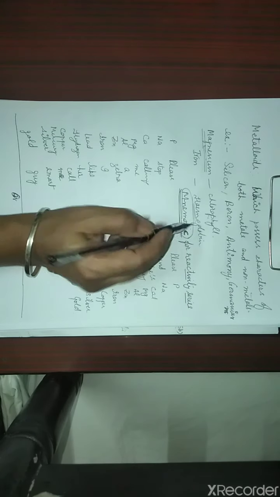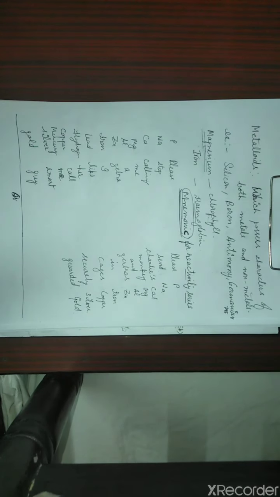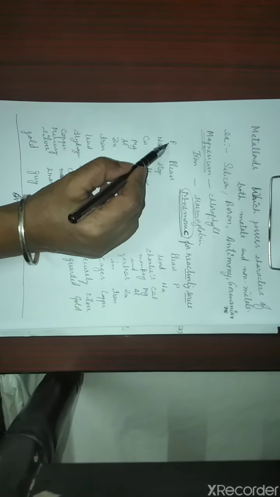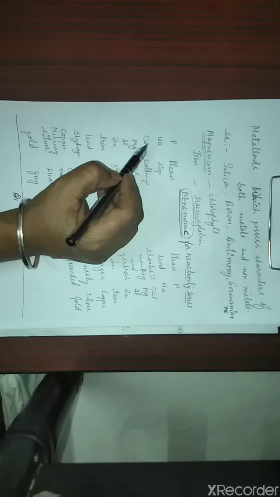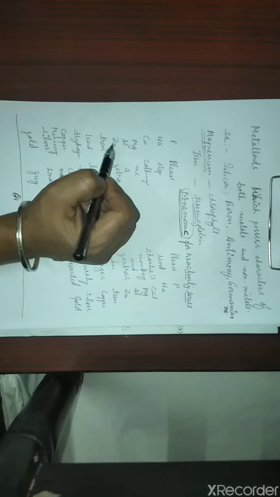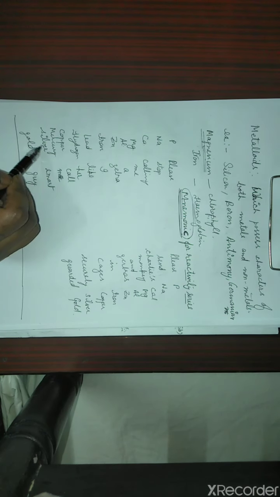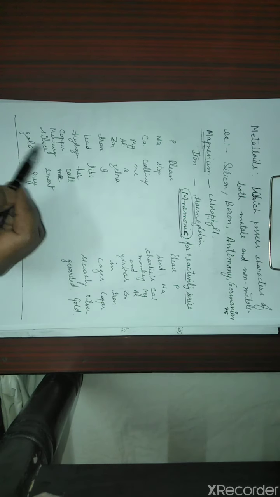Mnemonic means we give it a name, we give it a tagline, and then we learn it. For example, I have this: potassium, sodium, calcium, magnesium, aluminium, zinc, iron, lead, hydrogen, copper, mercury, silver, gold.